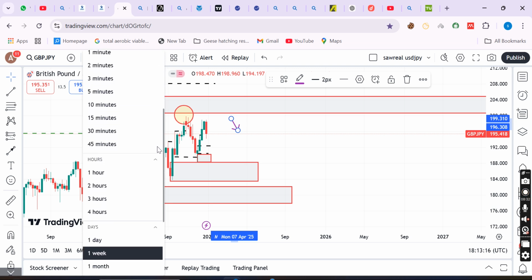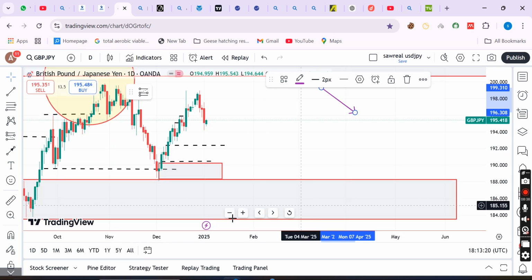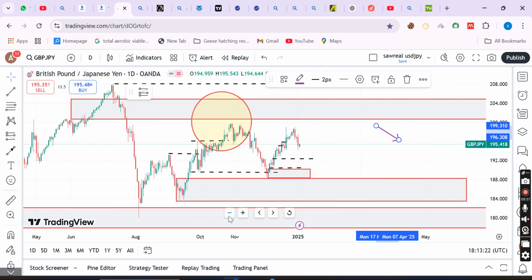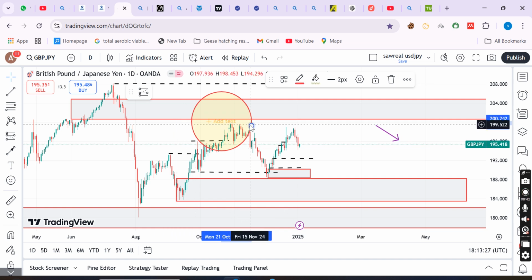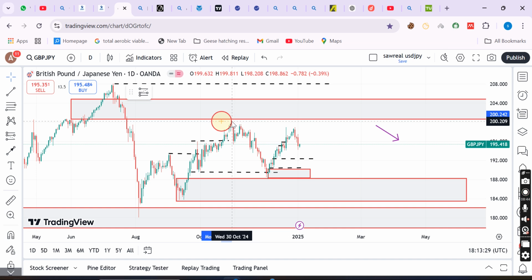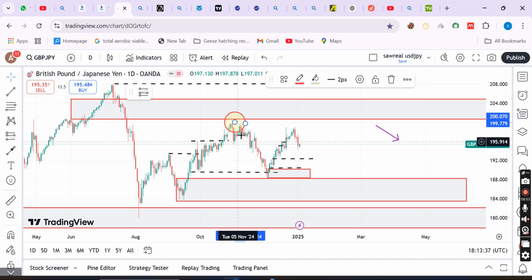So let's go to the daily time frame. The same thing I was talking about. We have this M pattern, or double top pattern, over here.